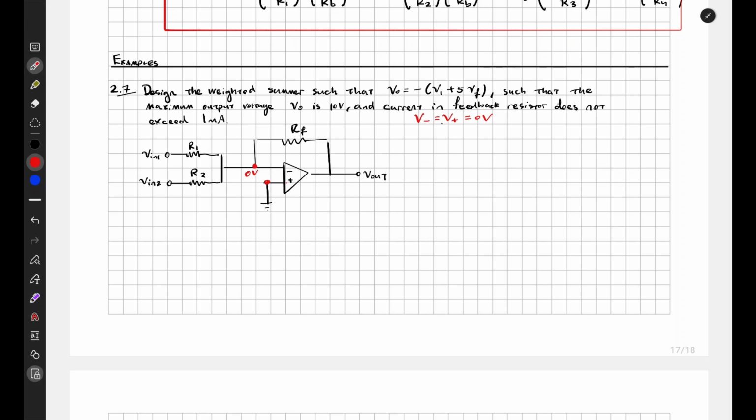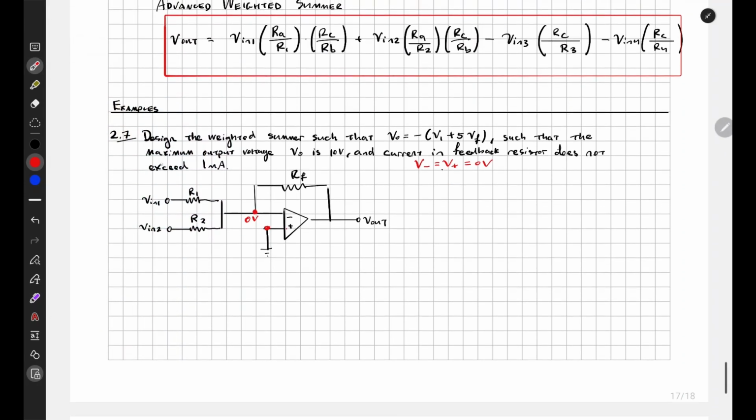I'm going to define the current that goes through V in 1 as I1. And I'm going to define the current that goes through the input at V in 2 as I2. The combination of I1 and I2, we're going to call I. That is the summation of I1 and I2 joined together.